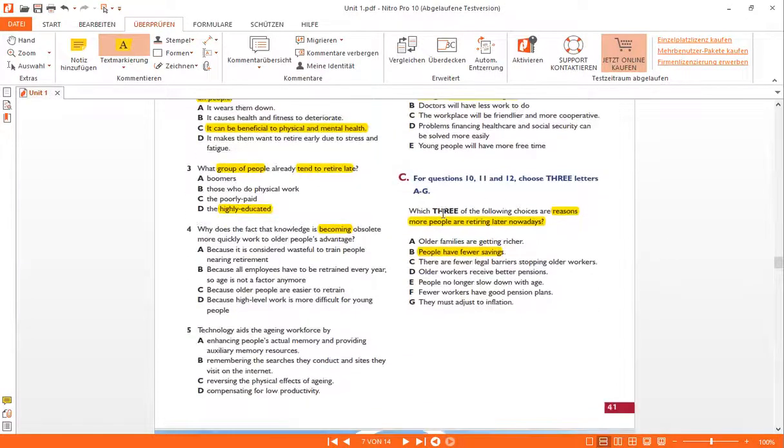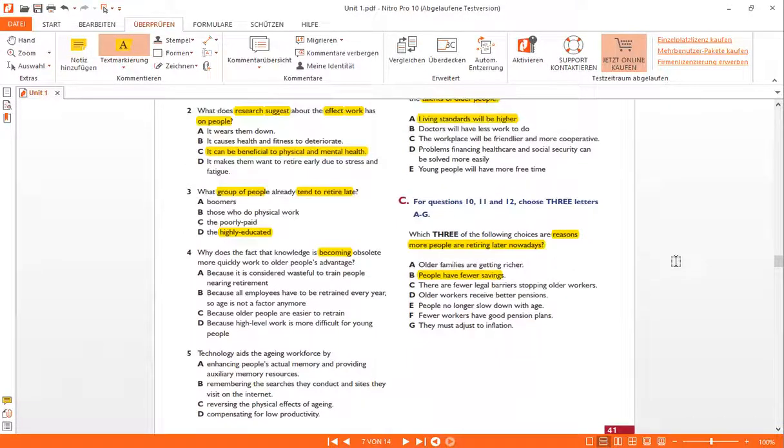The same for exercise C, which 3 of the following choices are reasons more people are retiring later nowadays. These 2 questions, B and C, require you to have had an overview of the text, know what the main idea is, and by the time you finish with the first 7 questions, you would have had an overview of the text, and it would be easier to answer these questions.